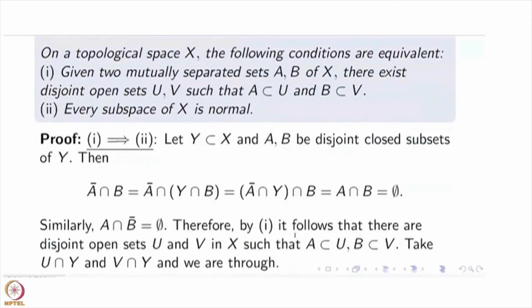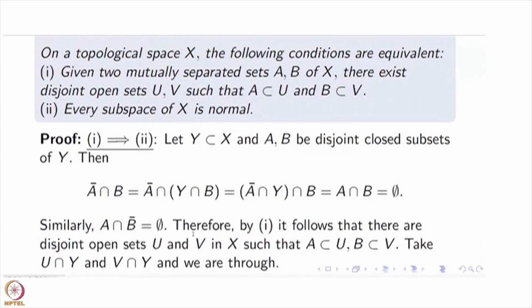Okay. Therefore, I can apply 1 to get disjoint open sets U and V in X such that A is inside U and B inside V. Now you take intersection with Y, we are through. All right.